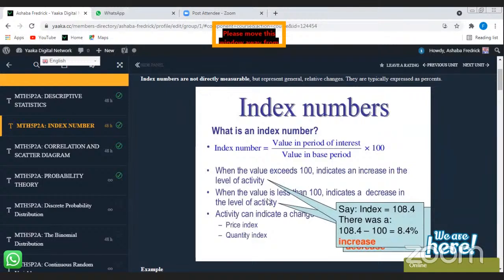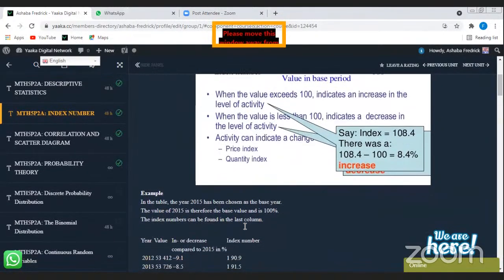When the value is less than 100, it indicates a decrease in the level of activity, and activity can indicate a change either in a price index or in a quantity index. We shall look at weighted index, all those ones, and we shall be able to calculate them.